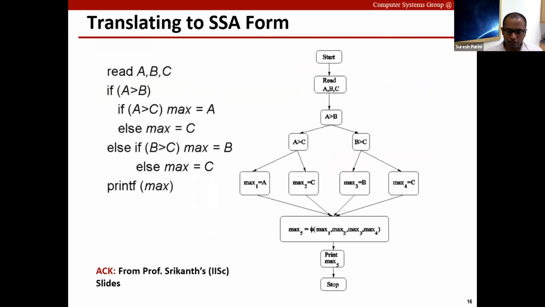Let's look at this one more. We'll look at a couple more examples before we conclude this class, so that we can start afresh in the next class. So here is an example code, which computes the max of 3 numbers. When it gets translated to a control flow graph, this is the control flow graph that gets generated.